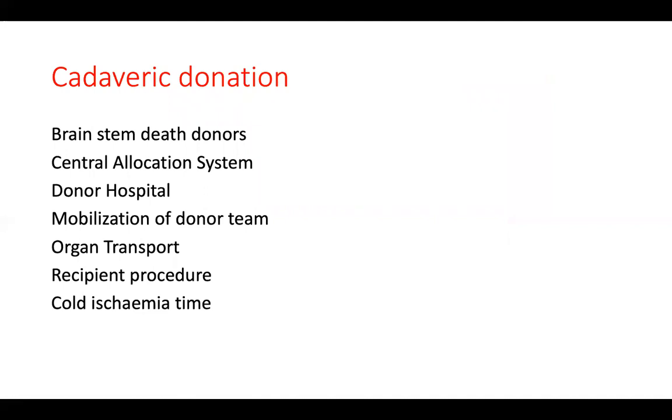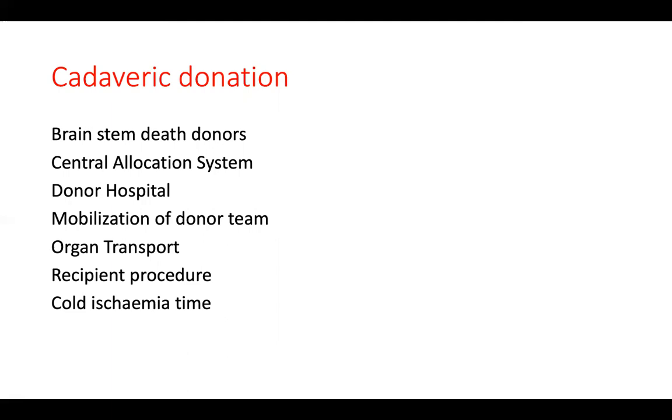Cadaveric donation and cadaveric transplantation require massive infrastructure at the national level. They are brainstem death donors. They have confirmed brainstem death. Families are informed. ICU teams are trained. And then there should be a central allocation system to direct those donors to suitable recipients. The donor hospital staff should have enough training to manage these donors.